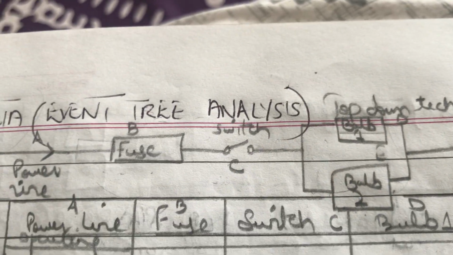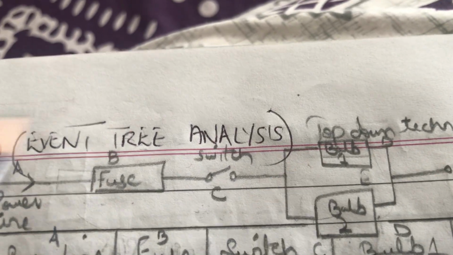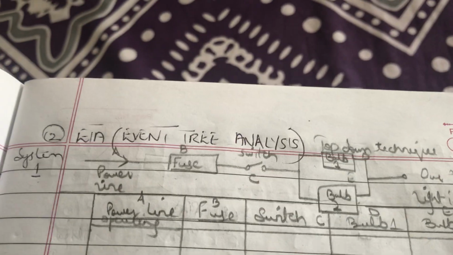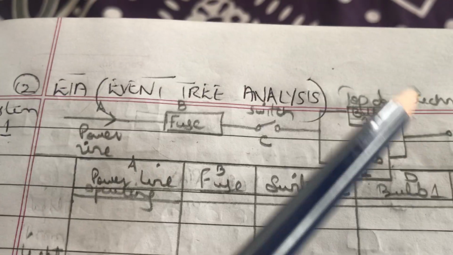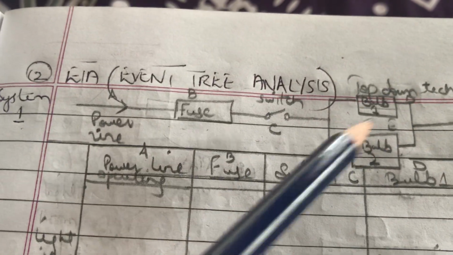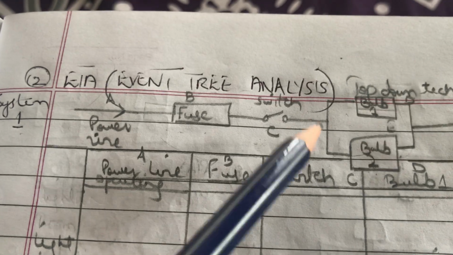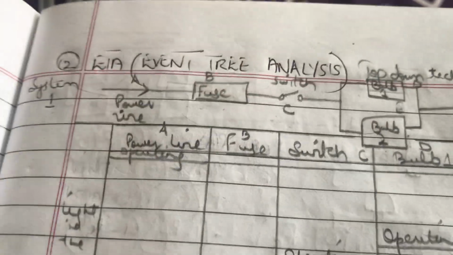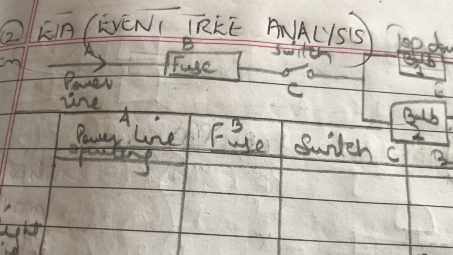I told you that in the top down technique we represent our system. We talk on the basis of our system. We take our system first. We didn't take the circuit behind these bulbs and the scenario of the lighting in the room. We take the system.